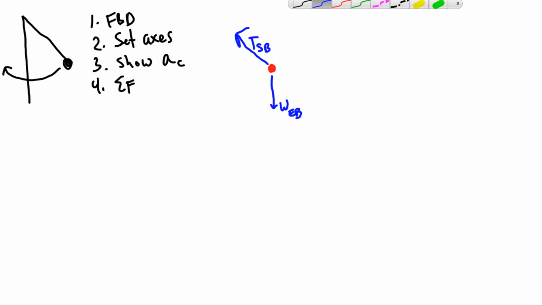All right, now to set up the axis system. So we want one of the axes to go through the radius of the circle. Now this is going around in a circle like this, and so the center of the circle is right here. So the radial axis here actually is like this.